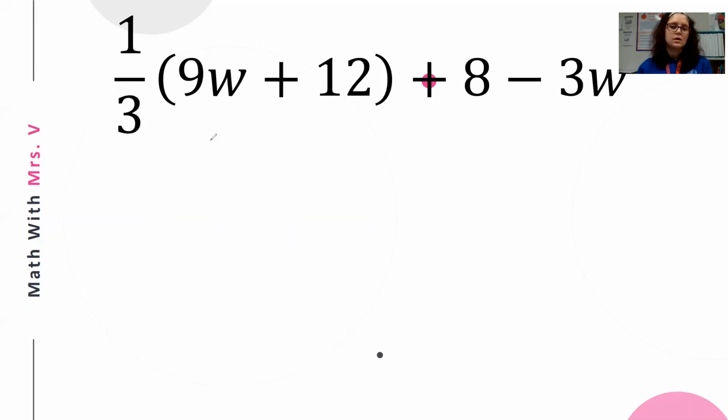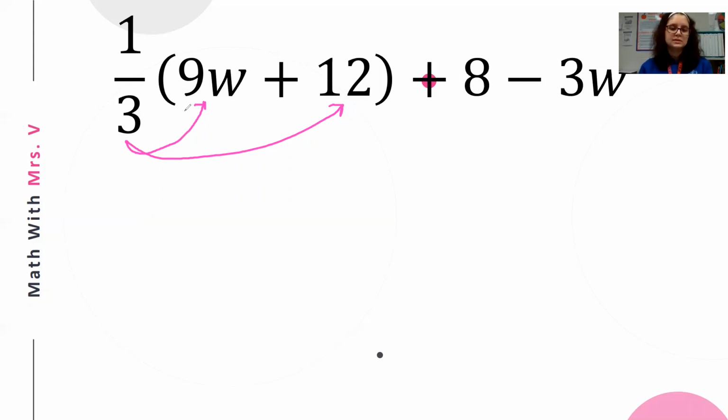Okay, our next example is 1/3 times the quantity 9w plus 12, plus 8 plus negative 3w, or minus 3w. So again, we want to start with distribution. So we have a 1/3 times 9w. And a good way to think about multiplying fractions and whole numbers is to think about what you would really do.